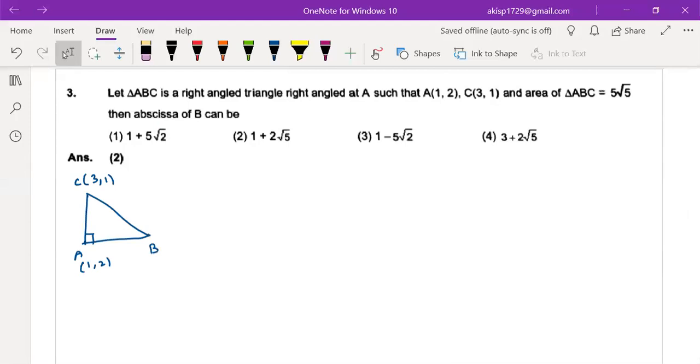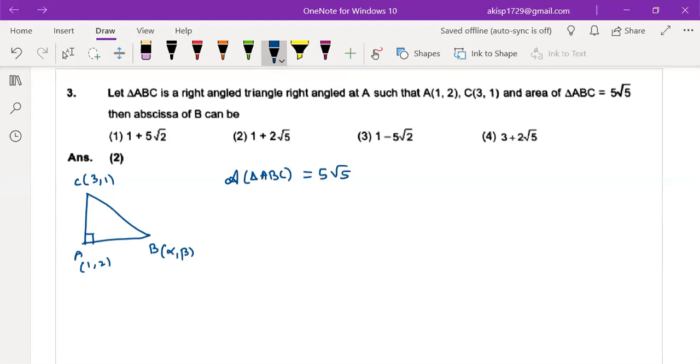So let us take alpha and beta as the coordinates of B, and we are interested in the abscissa of B. Now what do we know? We know the area of the triangle ABC is pi root 5. But what is area?